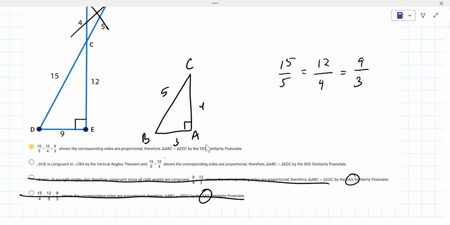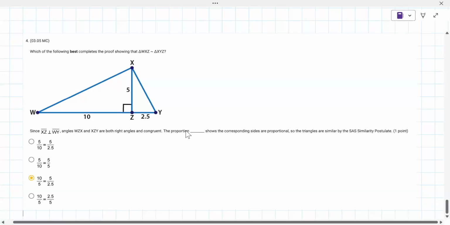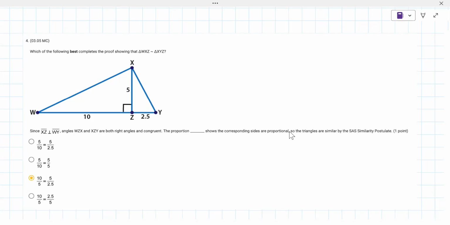All right, I put number 4. There it is. Which of the following best completes the proof showing triangle WXZ is similar to XYZ?